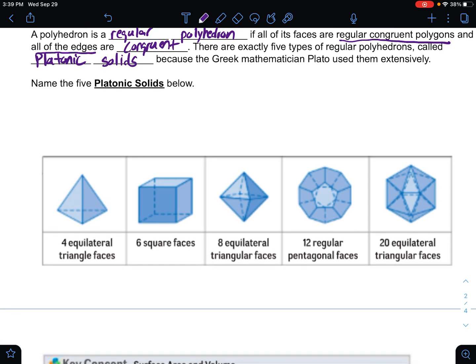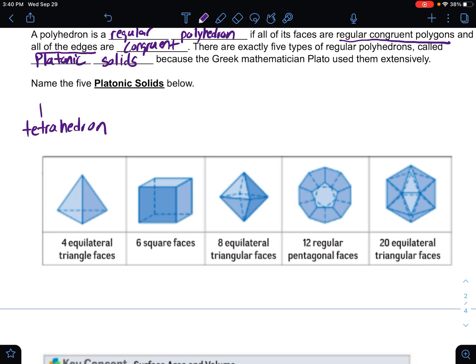So the first Platonic solid, all the faces are triangles, and there are 4 faces that are all the same. Since there are 4 faces, this is what is called a tetrahedron, as a more general term for a triangular pyramid. Certainly it is a triangular pyramid also, but since all of the faces are congruent regular triangles, and there are 4 of them, it's a tetrahedron.